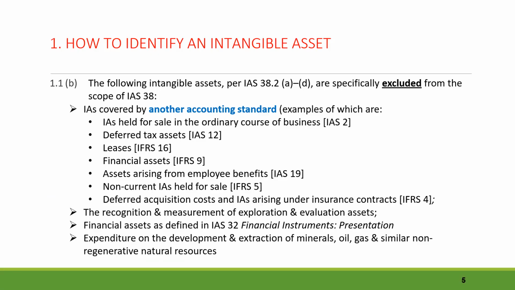So basically, it makes sense if an asset is held by an entity for sale in the ordinary course of business, even if it's an intangible asset. So the business's ordinary activities is selling an intangible asset. This logically would fall under IAS 2, and you would use the principles under IAS 2 to account for this asset.